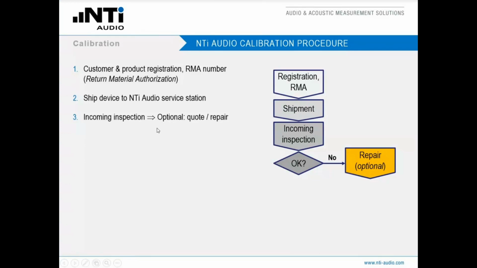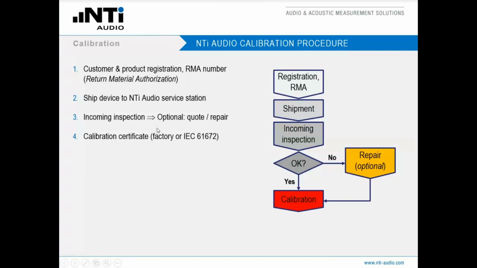In that case, we will, of course, come back to you and tell you about the costs or the consequences. Then we will actually execute the calibration and issue also, of course, a calibration certificate. It's up to you which type of certificate or which type of calibration you prefer, and then we return the instrument to you. Now let us take a closer look at this red part here on the calibration itself.